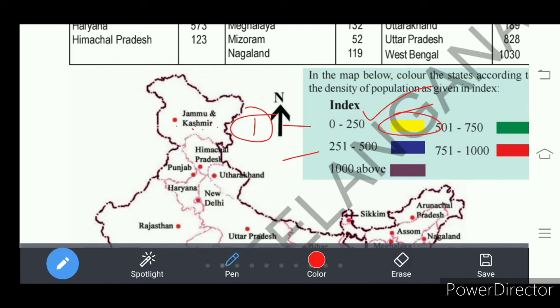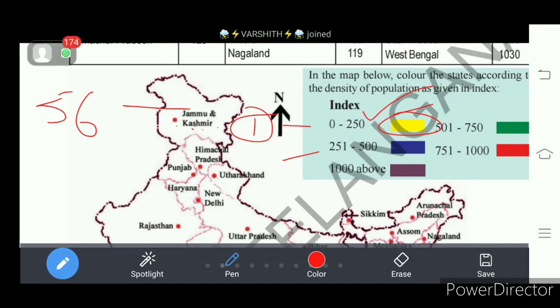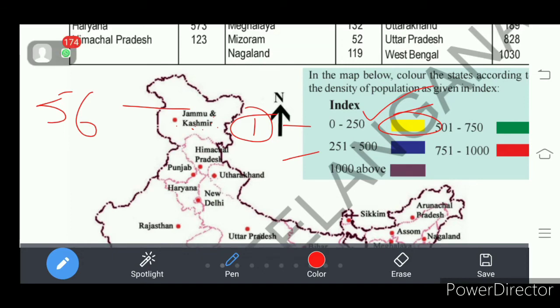Just now we have seen that Jammu Kashmir has 56 persons per square kilometer area as per the 2011 census. Then it is below 250, so in Jammu Kashmir it should be shaded with which color?